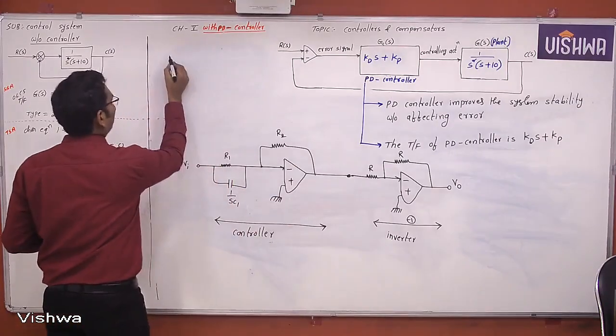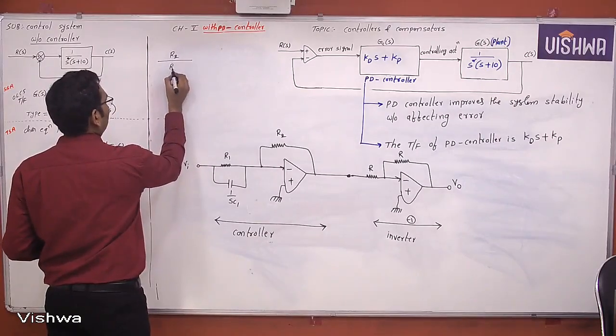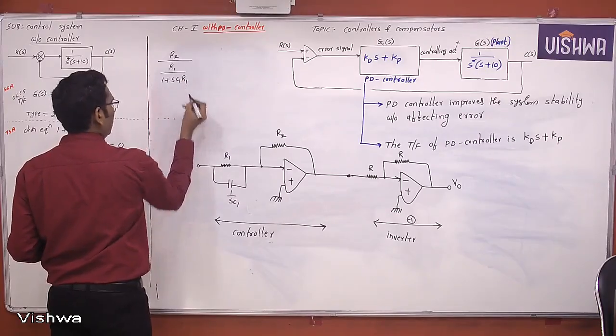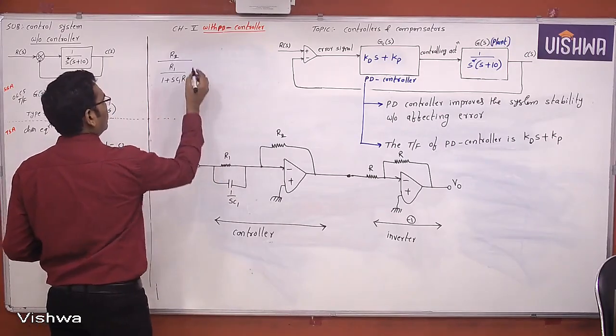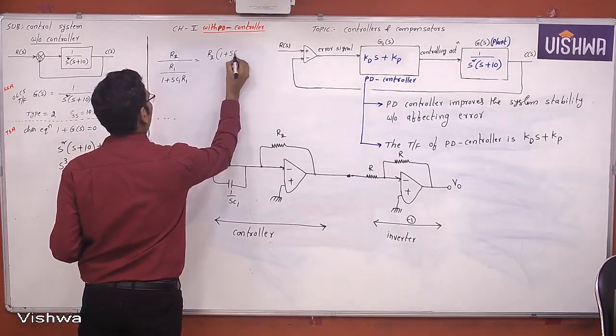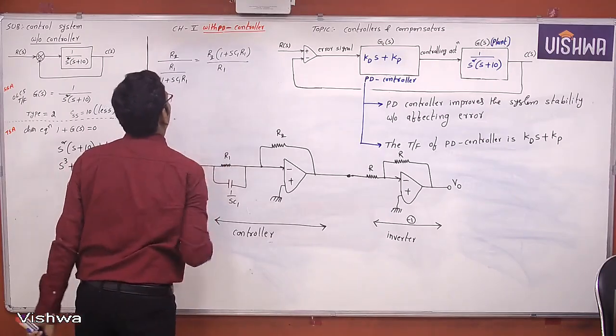Now this is nothing but R2 by R1 by 1 plus S C1 R1. So this is nothing but R2 into 1 plus S C1 R1 by R1.